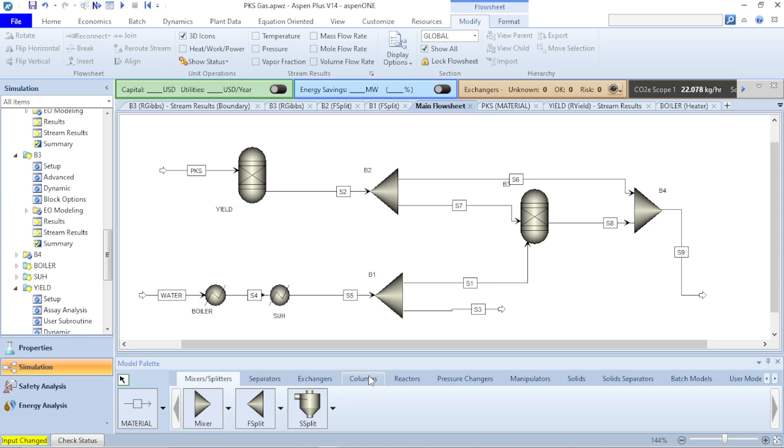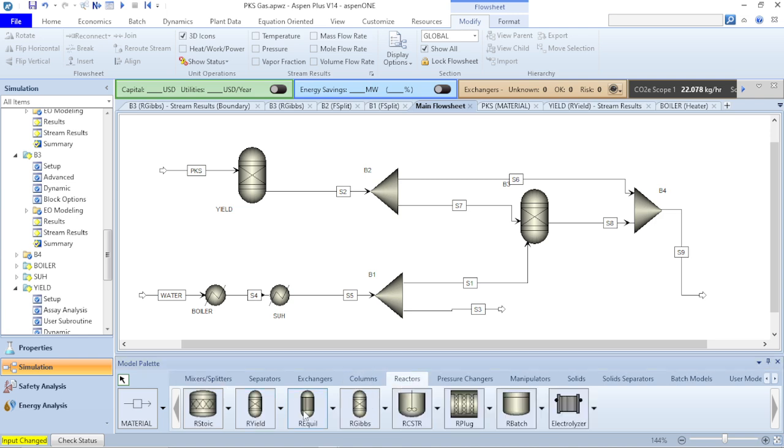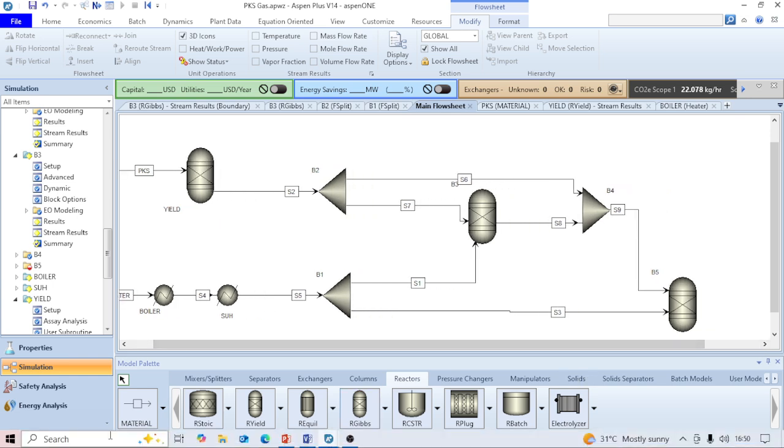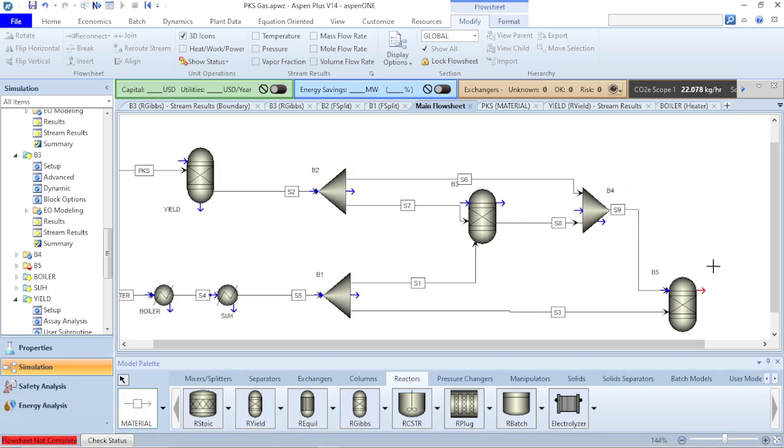So we have the second one, and connect this to our products.